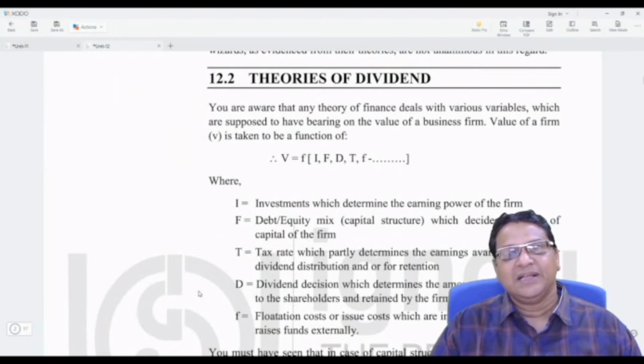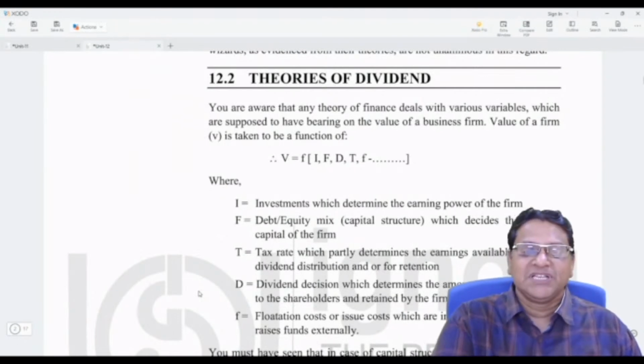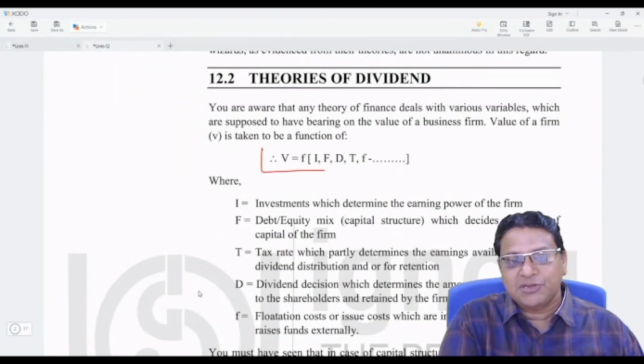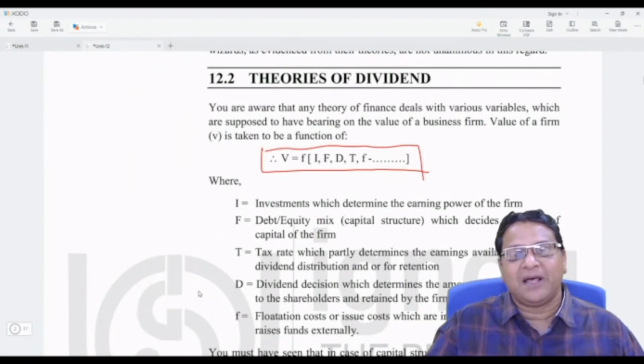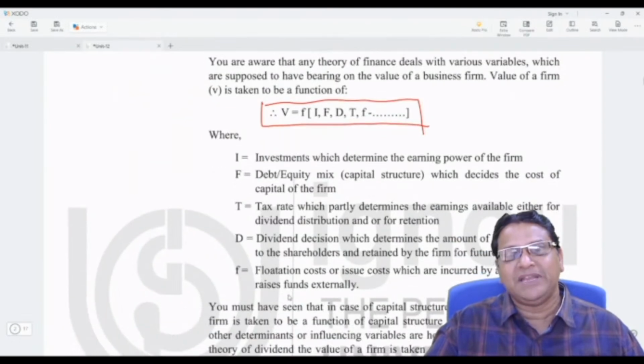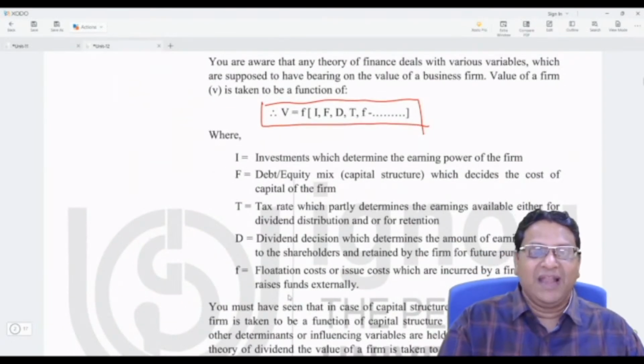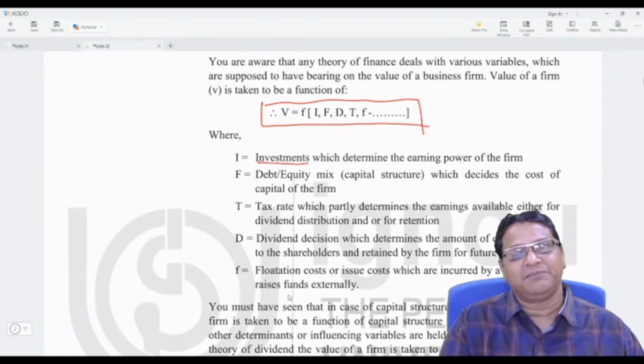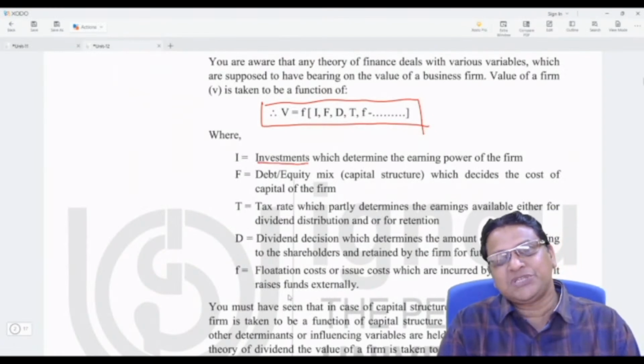We know that the value of a firm is a function of many things. The value of a firm, value of an organization, depends upon many things. So the equation is: value of a firm is a function of I, F, D, T, small f and many other things. What is I? Value of a firm depends upon the investment made by the firm, in which projects the person has invested.